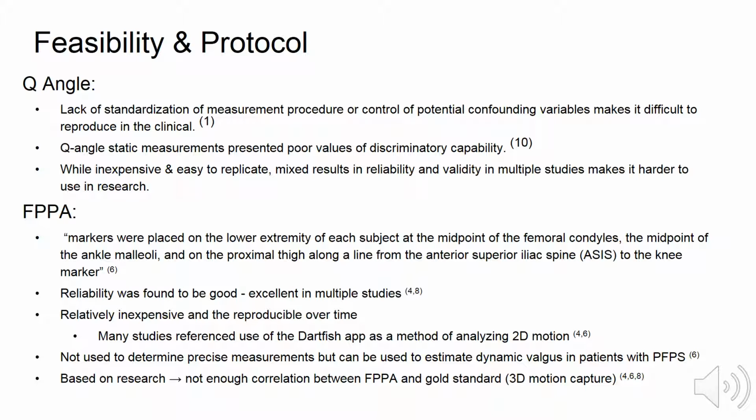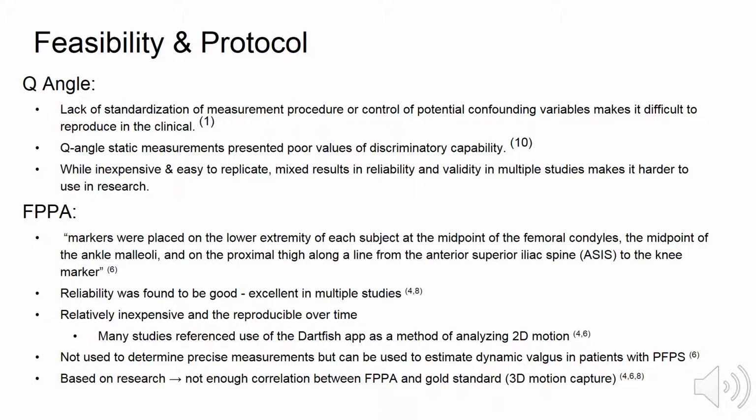Many studies also use the Dartfish app, which is a relatively inexpensive app that can be downloaded on your phone to measure FPPA during a dynamic task. And finally, as a tool to determine precise measurements, FPPA has not been supported. However, it has been supported to show some correlation with 3D motion system and therefore has been supported in a clinical setting.